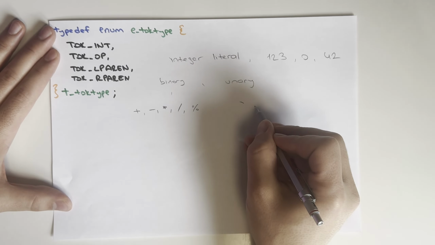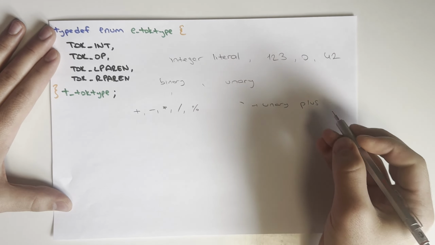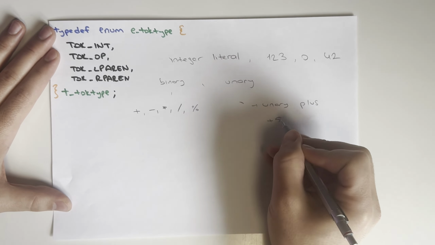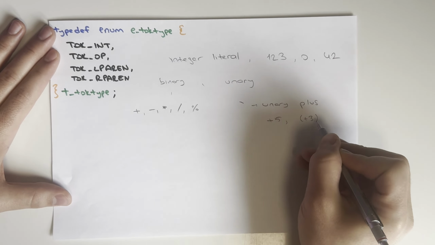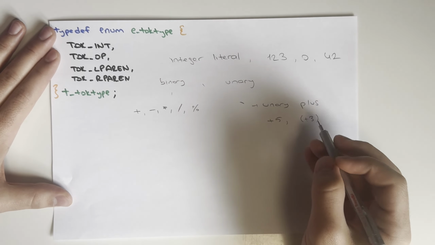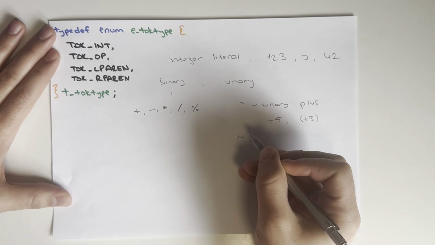It will be for unary plus, like plus 5, or when you have plus 3 in parentheses, this will be unary plus. And we will have tilde, like the approximate symbol.